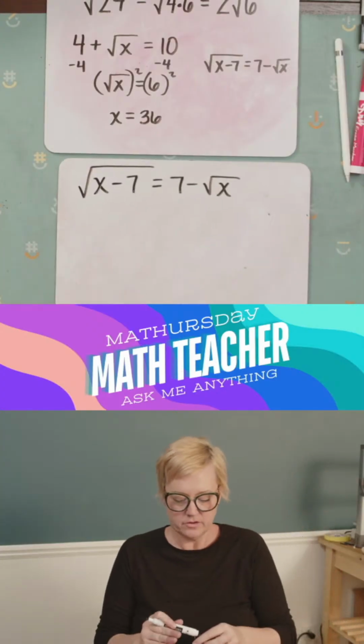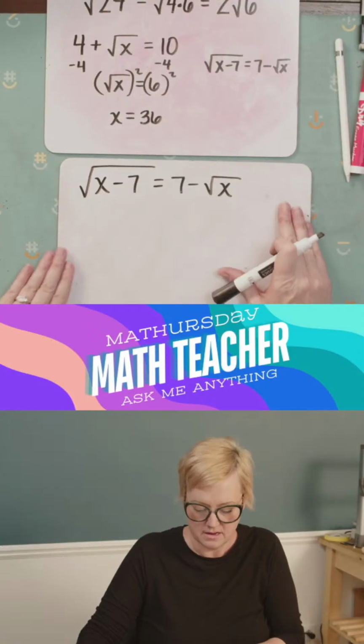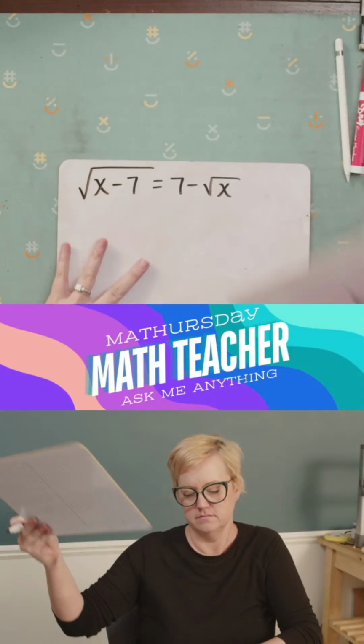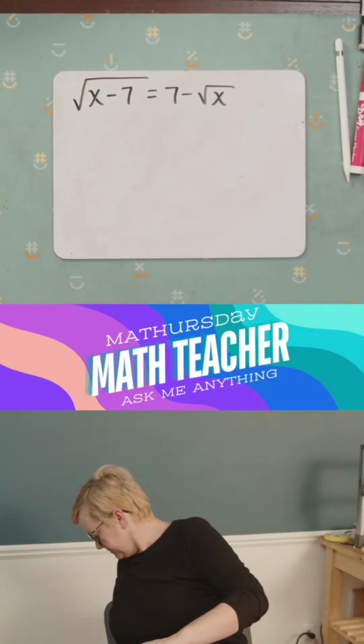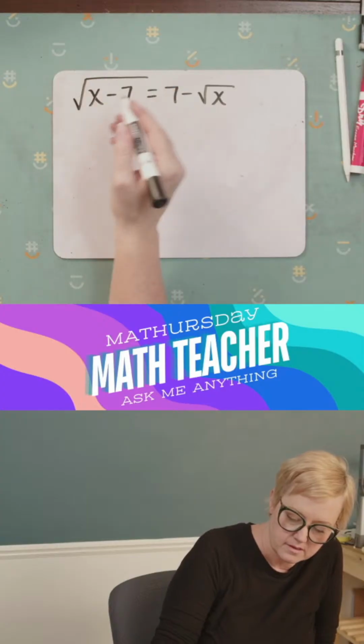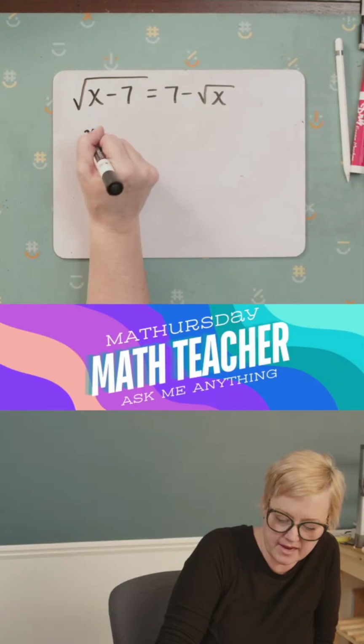Okay. So we've got the square root of x minus 7 equals 7 minus root x. Let's see where this goes. Let's square both sides. So the root of x minus 7 squared is just going to give me x minus 7.